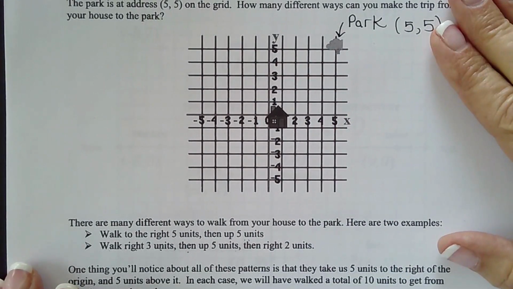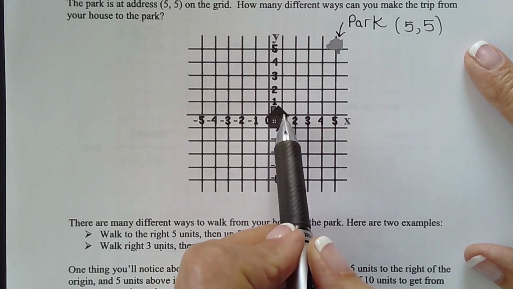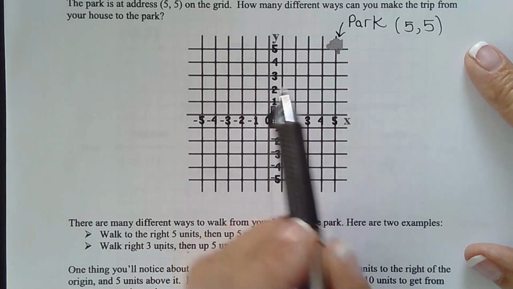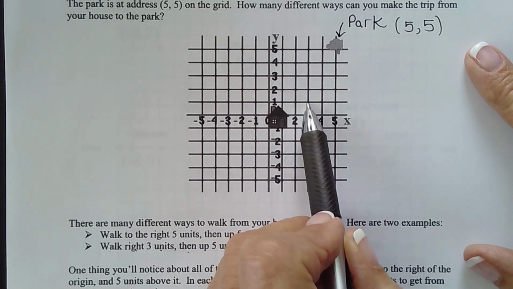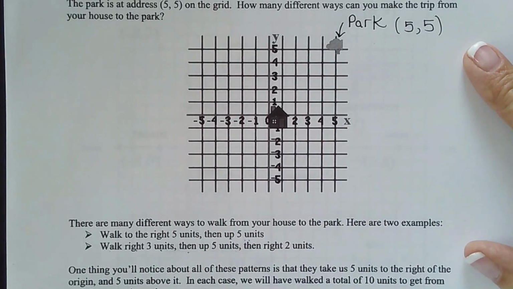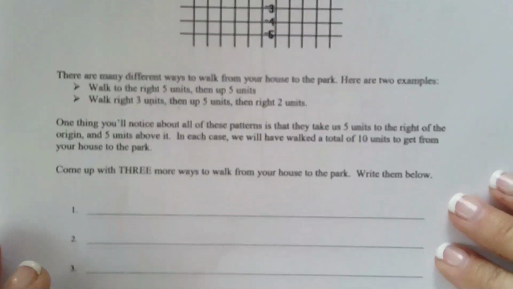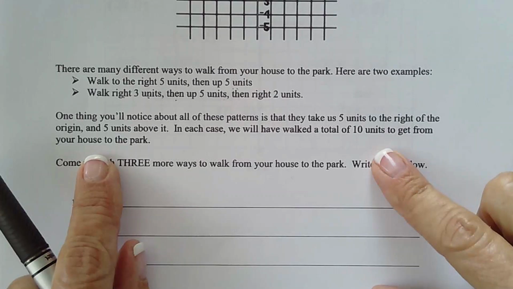Either way, we're going to walk 10 units, or you could think of it as 10 blocks if you were walking. So as long as you don't backtrack, for instance, you can't go right here and then back. But as long as you're heading towards the park, your walk will always be 10 units. And that's what this is talking about.